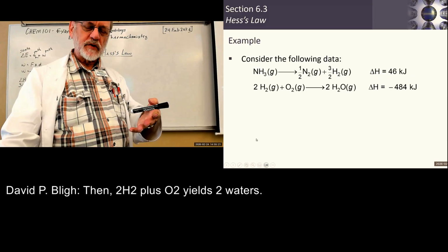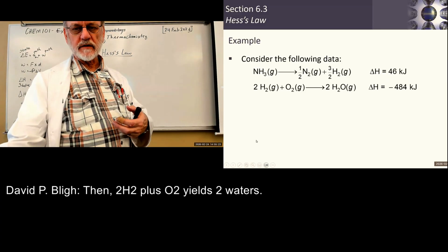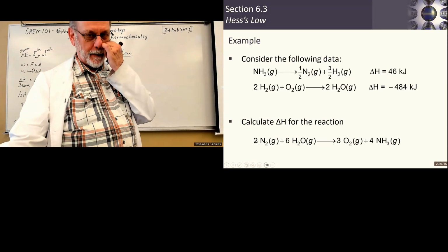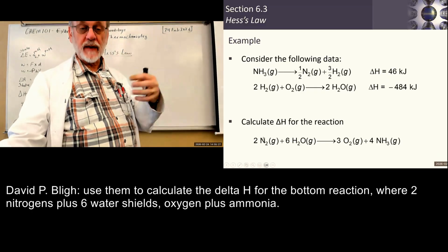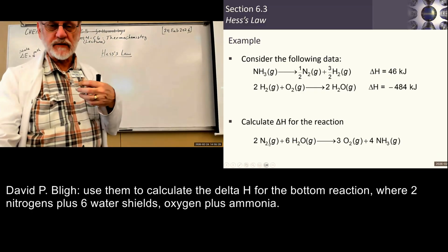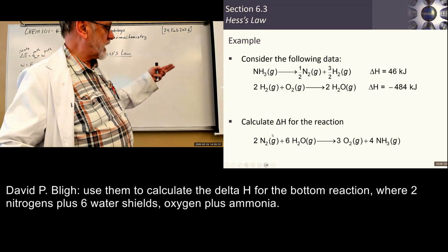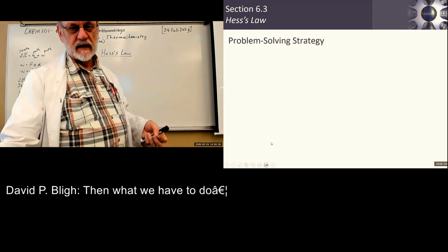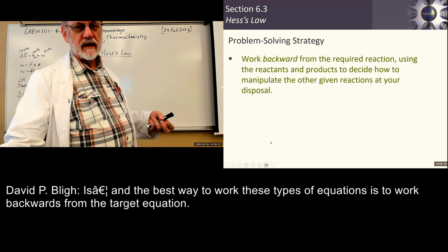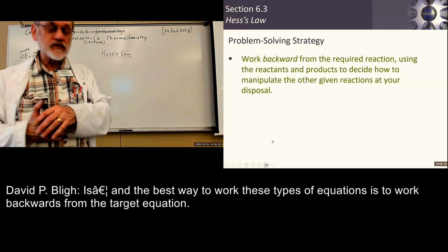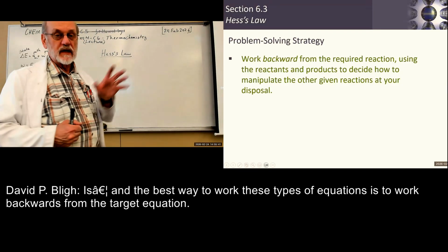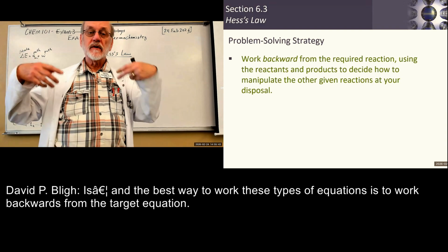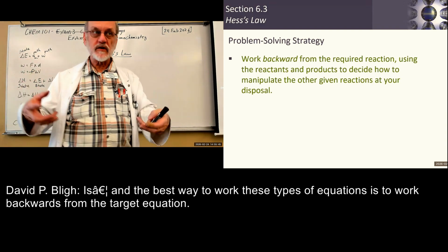Then 2H2 plus O2 yields 2 waters. And if we use them to calculate the delta H for the bottom reaction, where 2 nitrogens plus 6 waters yields oxygen plus ammonia, then the best way to work these types of equations is to work backwards from the target equation.